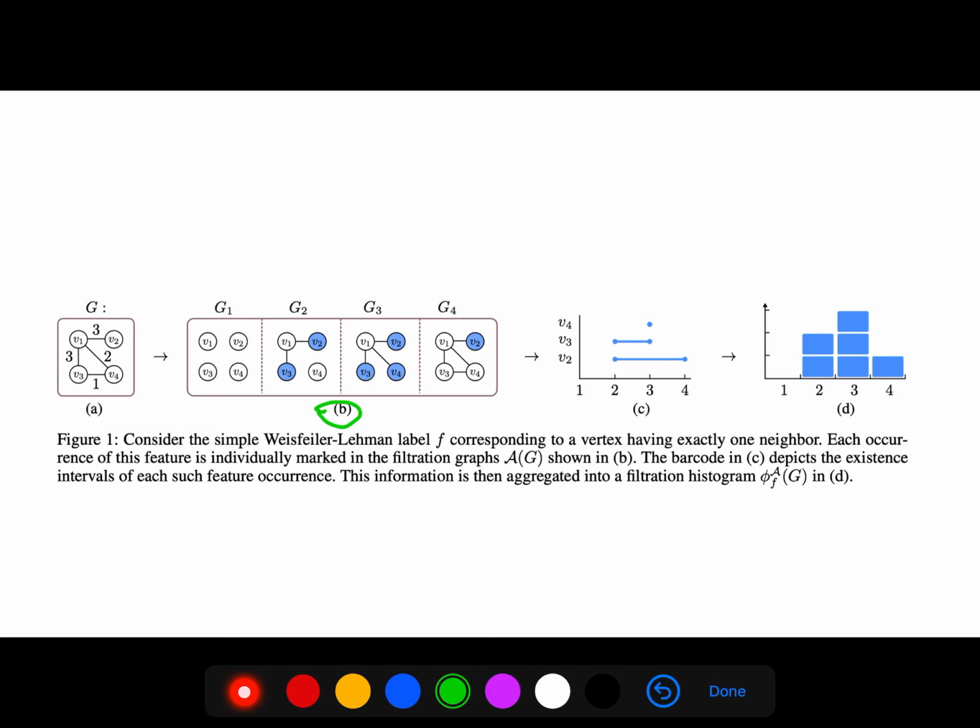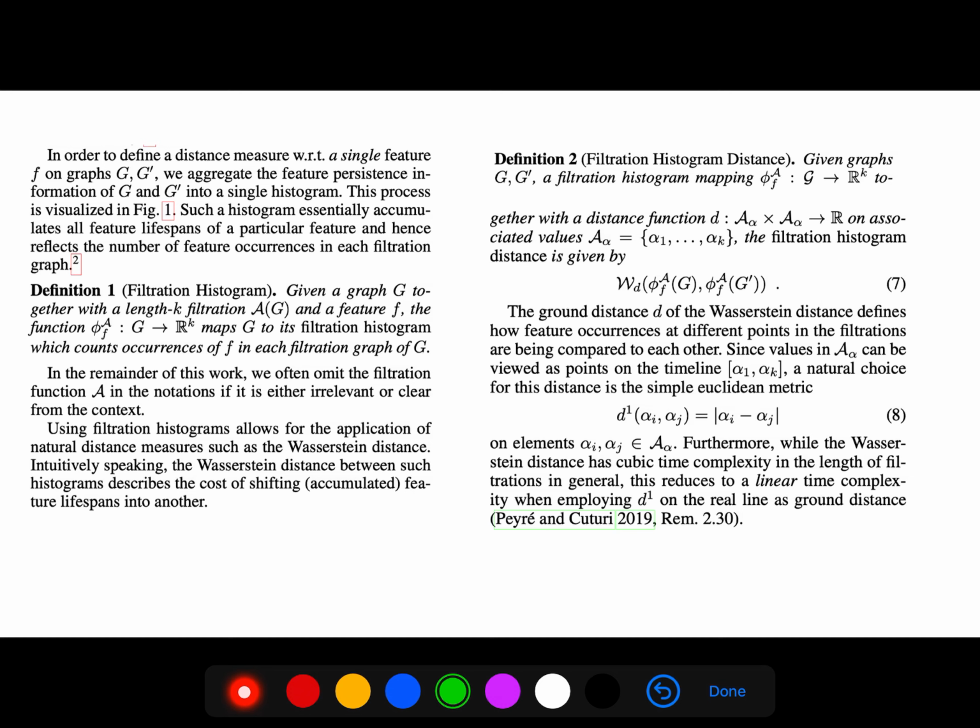This information is then aggregated into a filtration histogram. So what is a filtration histogram? Given a graph G together with a length K filtration and a feature F, the function maps G to its filtration histogram, which counts occurrences of F in each filtration graph.